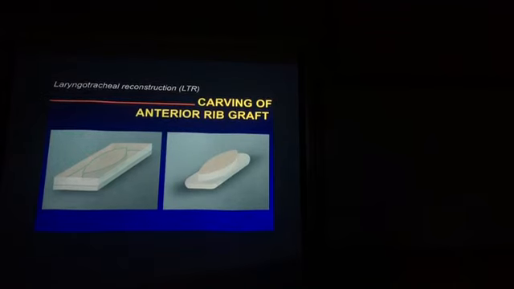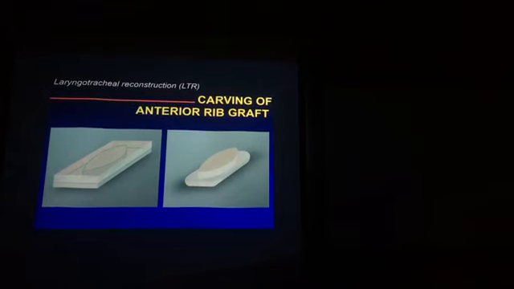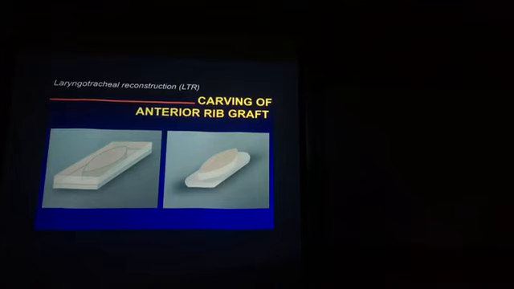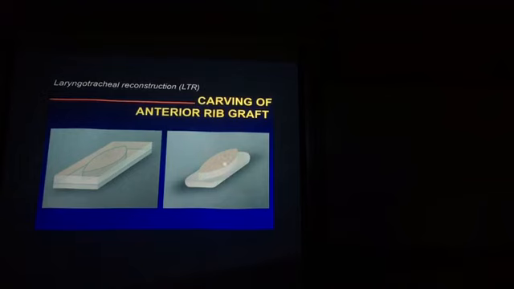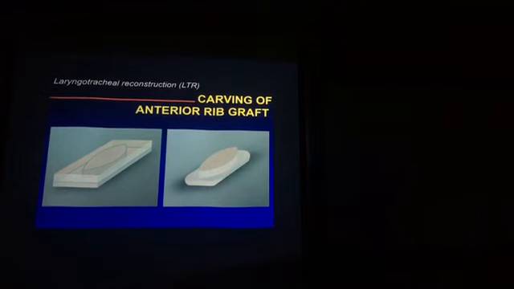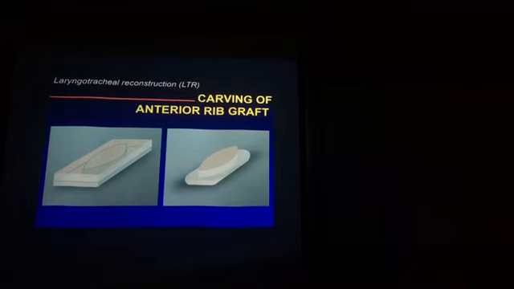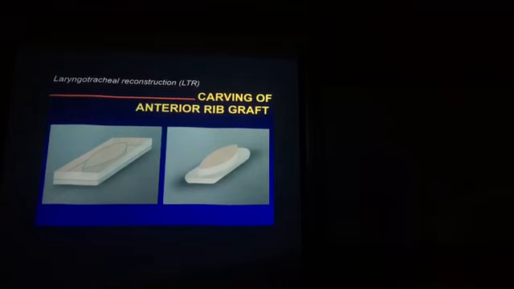I have seen some cases where they did put the largest portion on the first normal tracheal ring that had a normal lumen, and at the level of the cricoid it was insufficient, so you should place the largest portion exactly where you have the stenosis inside. And so you carve it in a boat-shaped fashion, and you keep these flanges. When you keep the flanges, it avoids that your graft will drop into the airway.